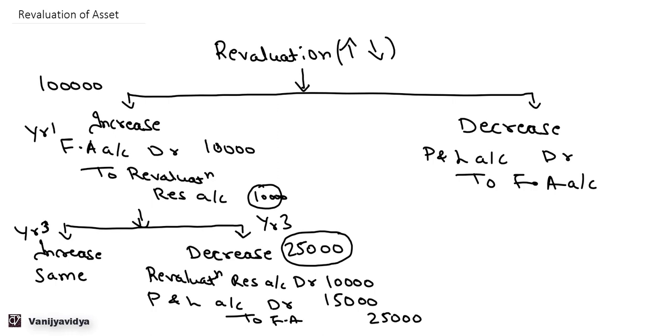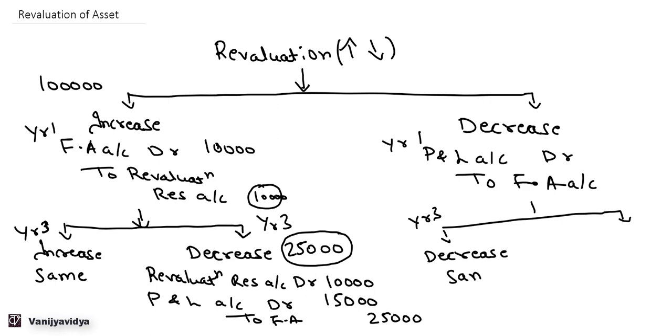Now for a decrease, say in year 1 there is a decrease, then subsequently again in year 3 there is a decrease. So the same entry for the decrease, that is profit and loss account debit to fixed asset account.